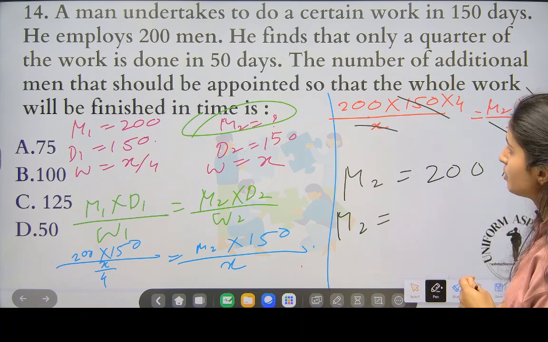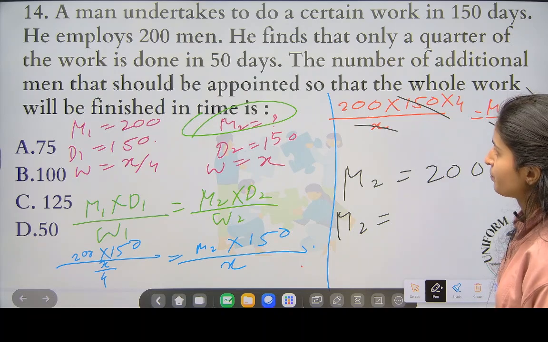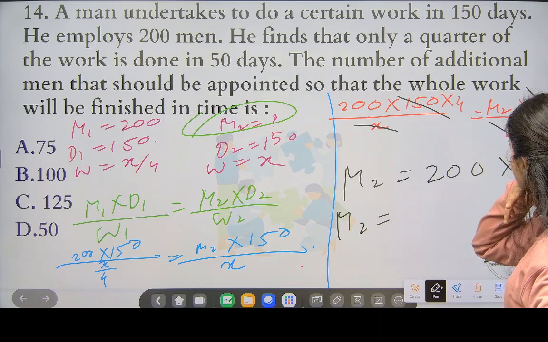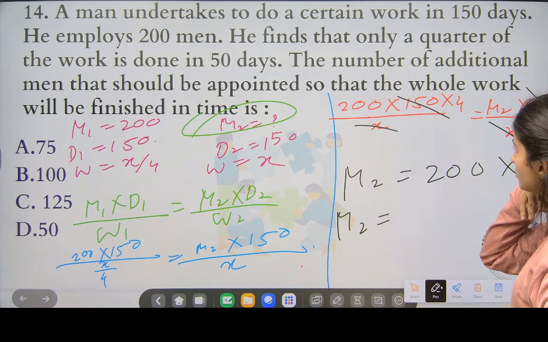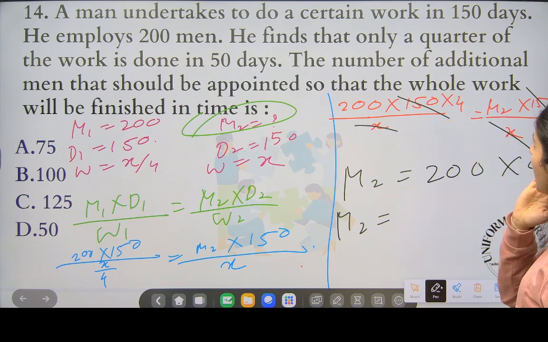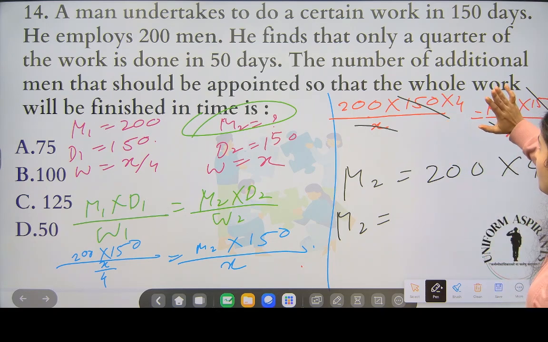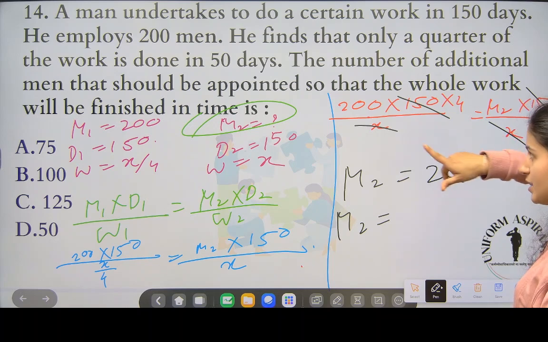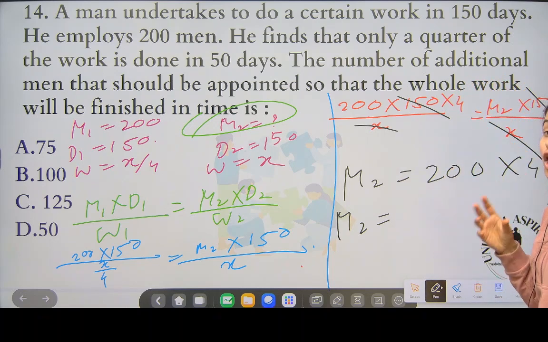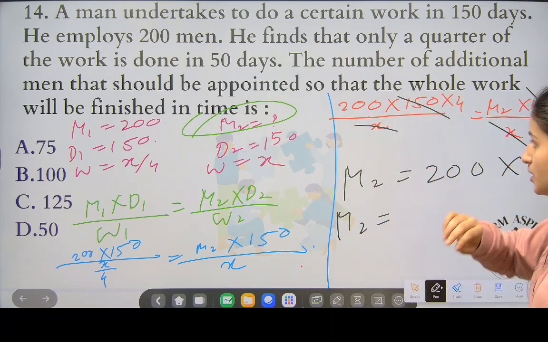The number of additional men that should be appointed so that the whole work will be finished in time. And what is given here? A man undertakes a certain job in 150 days. To complete in 150 days, he employs 200 men. He finds that only a quarter of the work is done in 50 days.